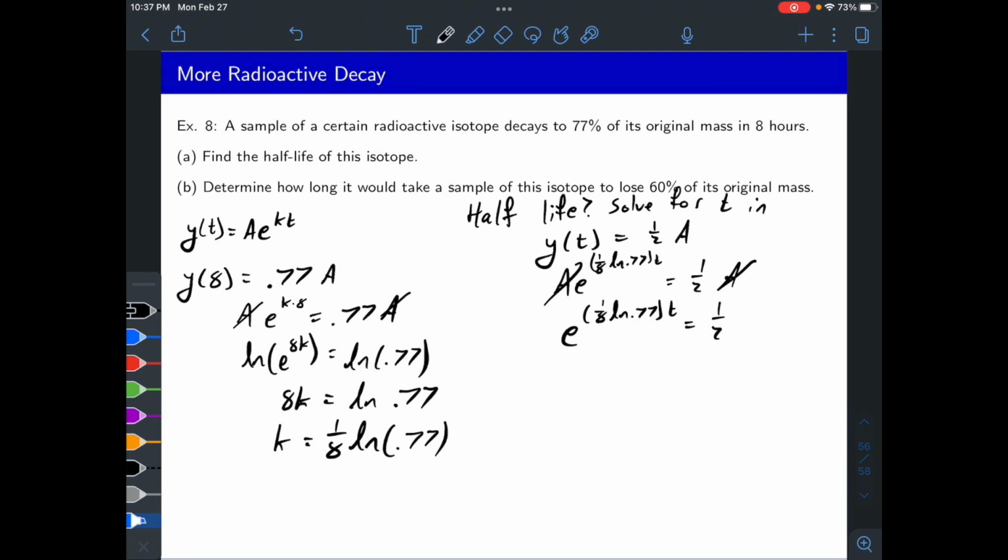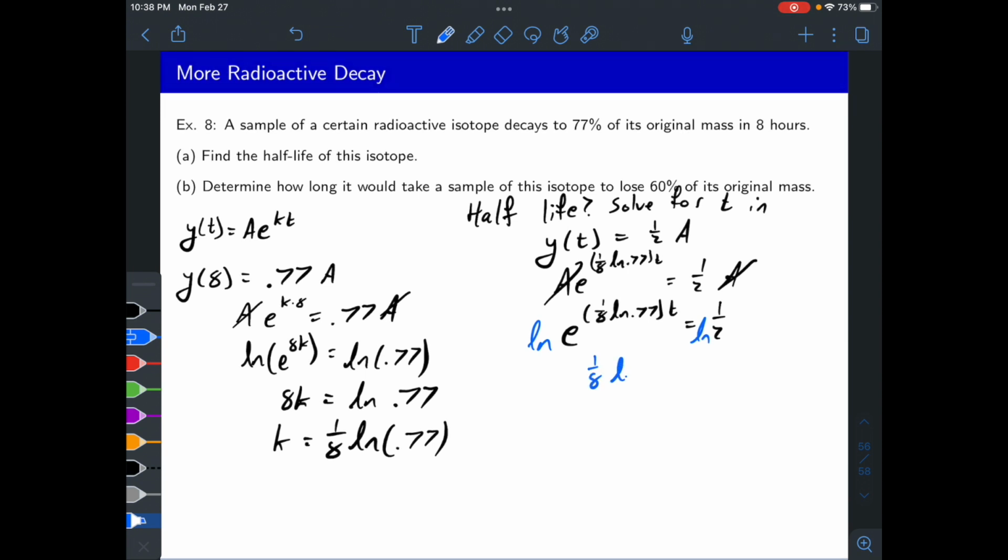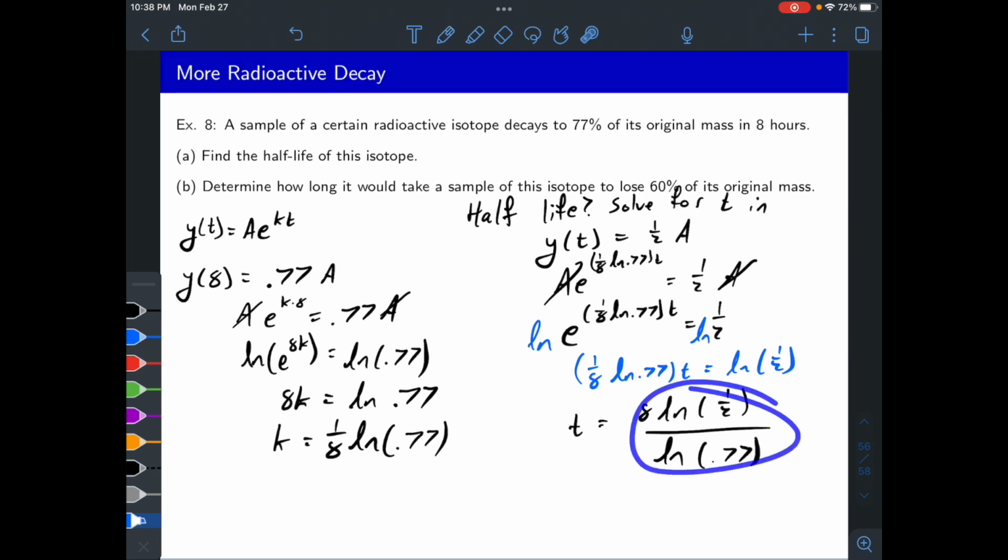We take ln of both sides. We get 1 over 8 ln of 0.77 times t is equal to ln of a half. And then t would be equal to 8 ln of a half divided by ln of 0.77. You could, of course, put that into a calculator. That would tell you some number in hours, and that would be how long it takes for the isotope to decay to half of its original mass.